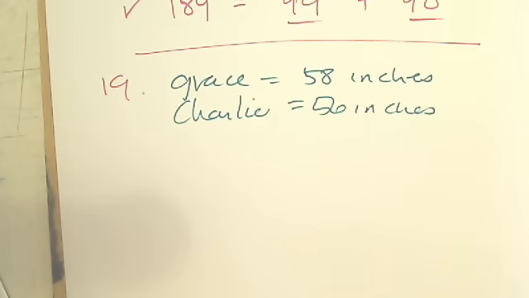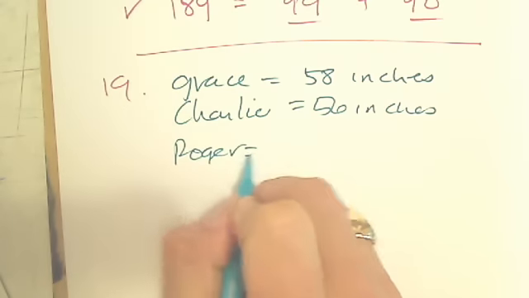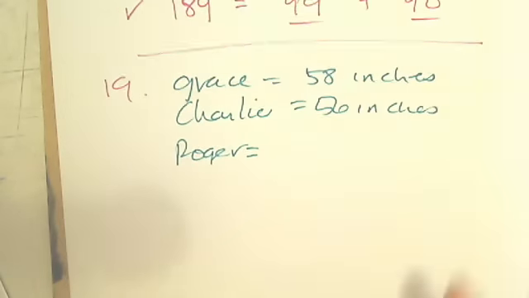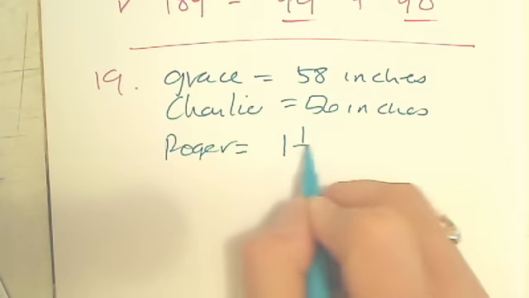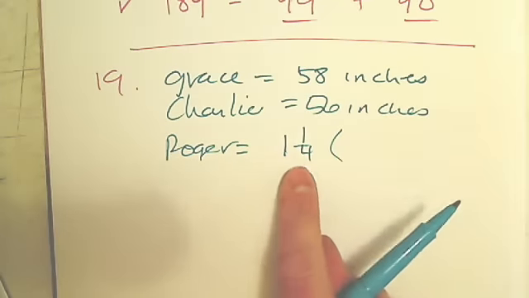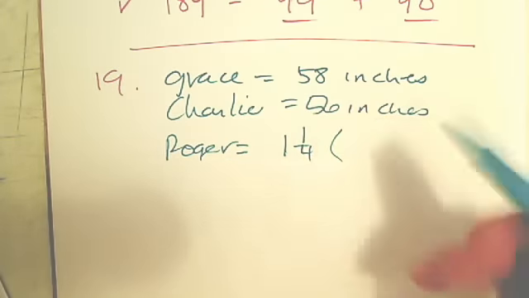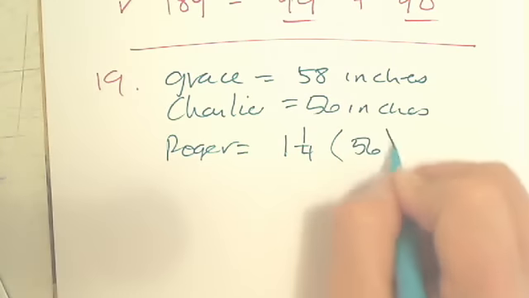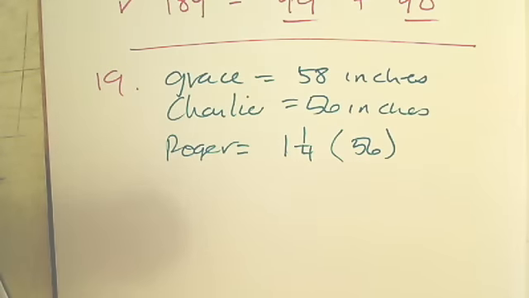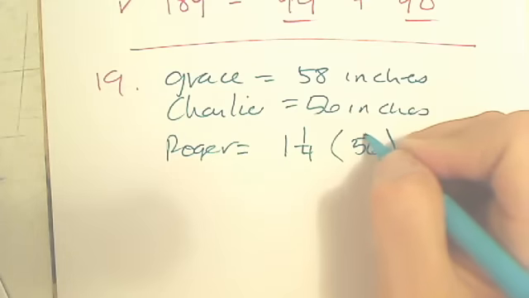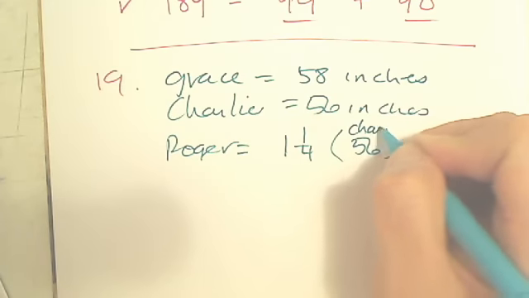And so we know that Roger equals 1 1/4 times 56. Excellent. How'd you get that? That's exactly correct. What does 56 represent? Charlie.